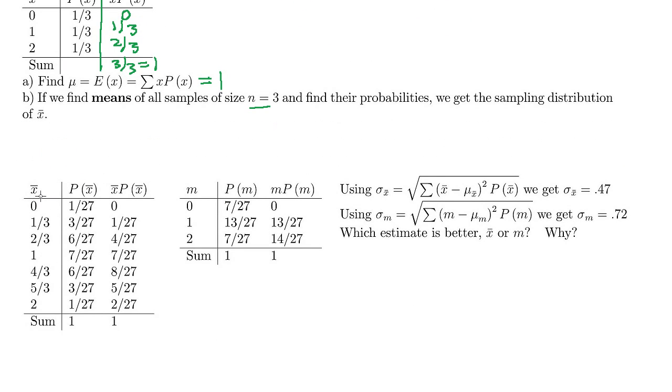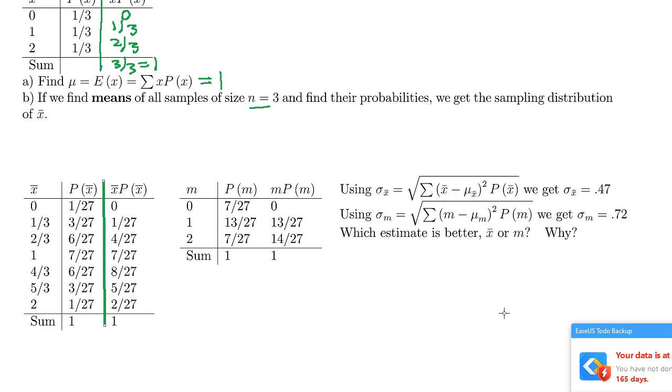So here's that, all the samples of size 3, and then we look at the possible means of those samples. The only possible means for samples of size 3 are 0, 1/3, 2/3, 1, 4/3, 5/3, and 2. And then these are the probabilities with which those means occur.